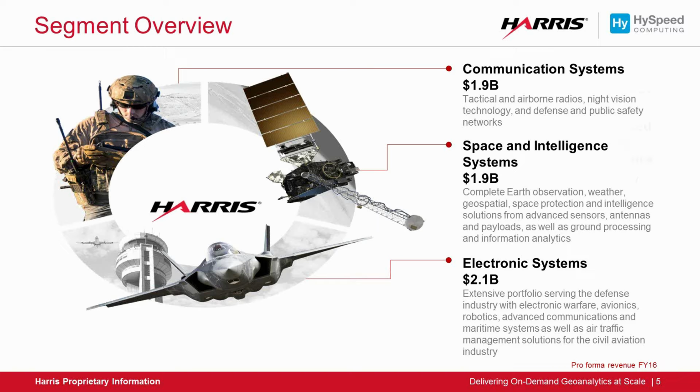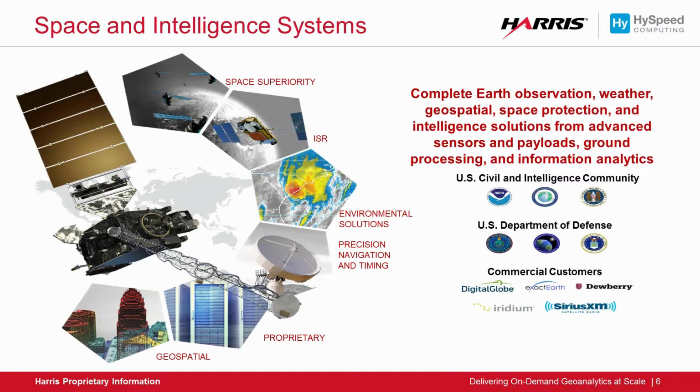Within Space and Intelligence, we've been broken up into different groups and business units, and our particular area is under the Geospatial business unit, which is down in the bottom. We do have some wonderful partners and organizations with environmental. We also have some space superiority that we work with, as well as many of our customers we share in common with other parts of our organization.